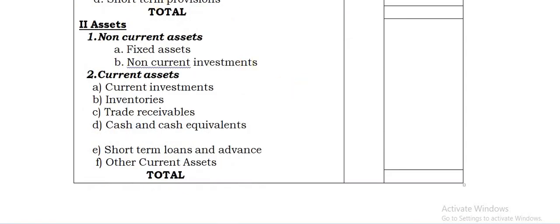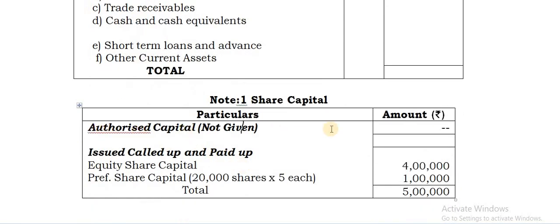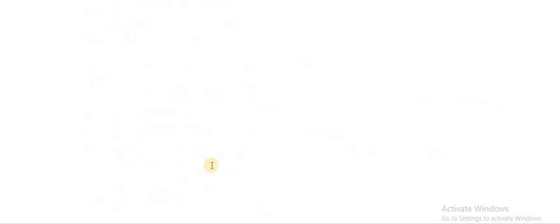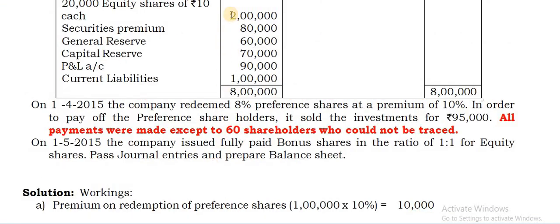Note number 1, you can take the share capital. Authorized capital is not given, so take it as nil. Issued called up. Equity share capital now it will be 4 lakhs. How you are getting that 4 lakhs? Old equity shares are 2 lakhs.